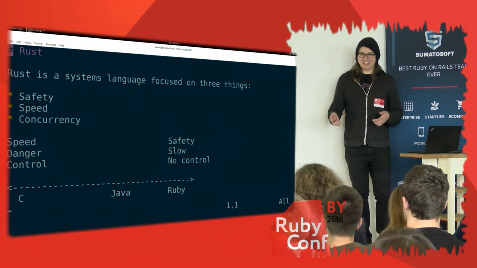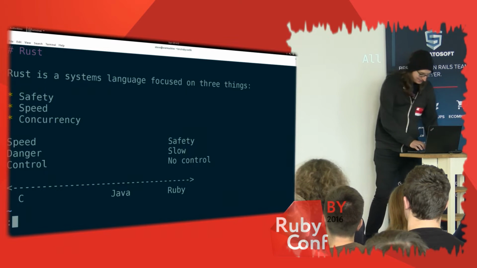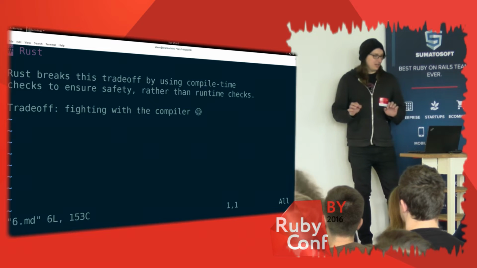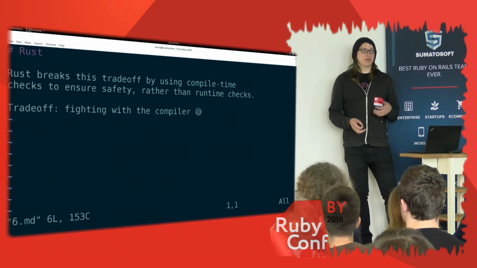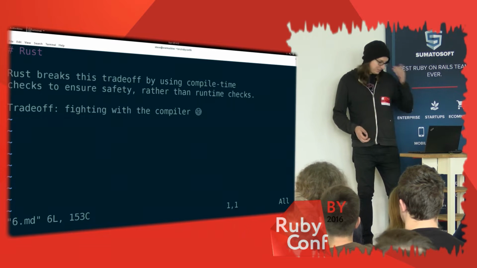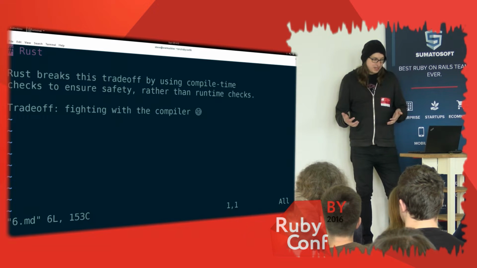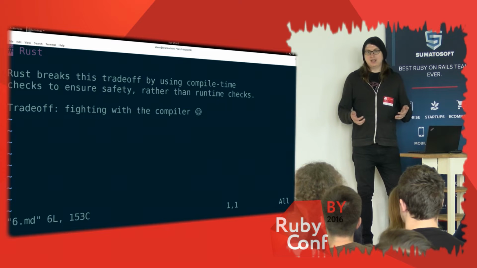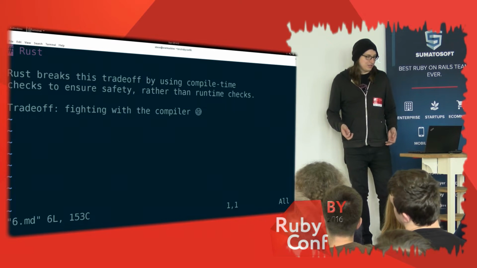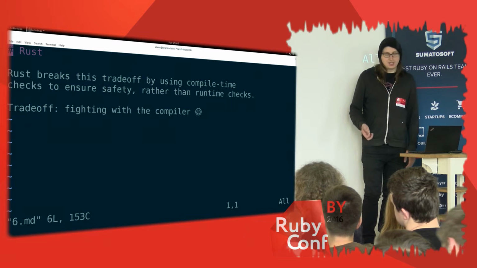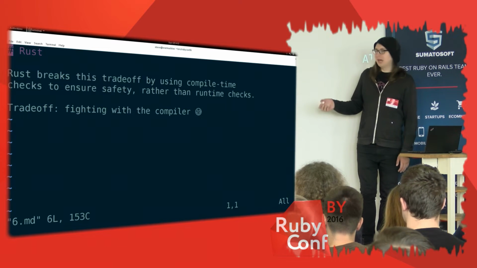And if I tell you that there's something with no trade-offs, I'm definitely lying, right? Nothing is perfect, so what's the catch? The catch is that the way that Rust does this safety and speed is by checking a lot of your code at compile time. We just watched Piotr talk about checking code smells. Rust checks a lot of things extremely strongly. And so the problem is that you get into this process, especially at the beginning, that people like to call fighting with the compiler.